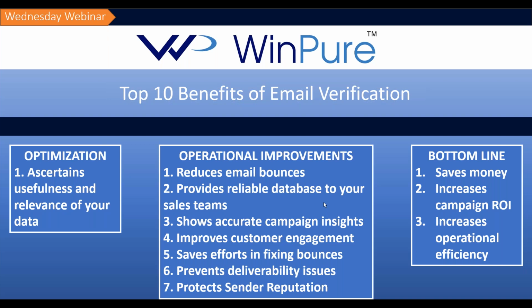If we're sending out to a bunch of role-based emails in our marketing campaigns, emails like support at, sales at, info at, things like that, or a bunch of temporary email addresses or spam email addresses or outdated ones, we need to be able to clean that up to actually extract some useful insight from that information. So give that some consideration and think how that might be impacting your business.